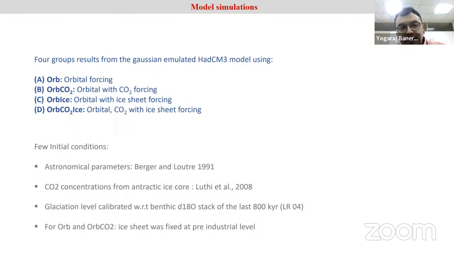Then orb ice, that is the orbital and ice sheet forcing. And then we have orb CO2 ice, that is the orbital forcing and CO2 along with the ice sheet forcing. So the output is on these four different conditions that we set for reconstructing the precipitation pattern. And a few of the initial conditions are mentioned here in the bottom panel.